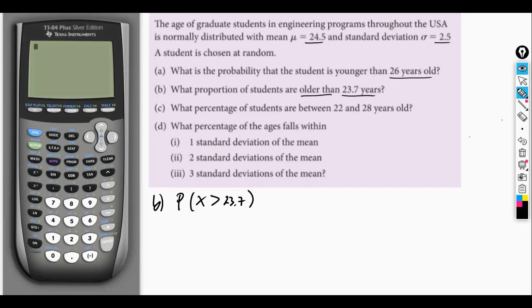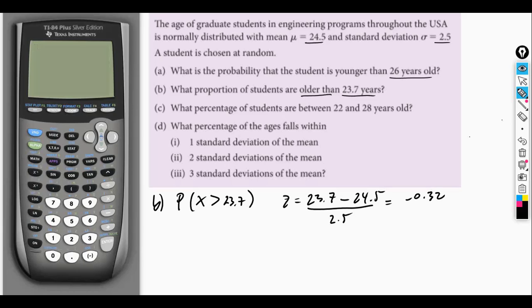Let's turn this into z-score. So notice that here the z-score for this case is going to be 23.7 minus 24.5 divided by 2.5, and this is going to give us minus 0.32.